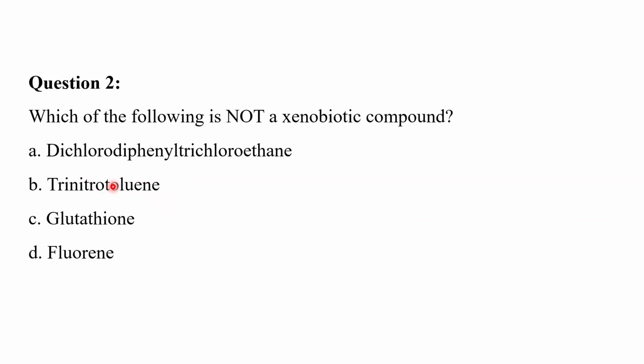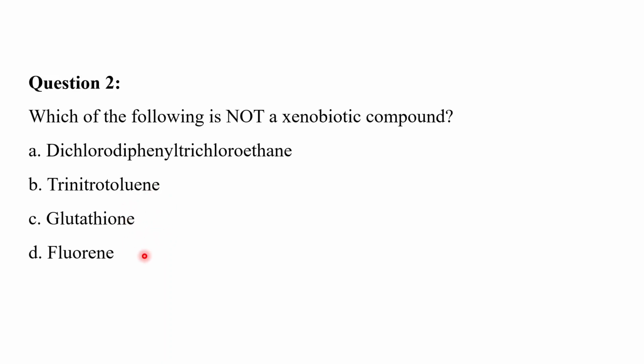The second option also, trinitrotoluene, TNT, is also not a natural compound. It is a synthesized molecule. It's a toluene molecule with 3 nitro groups attached, and this compound is mainly used in explosives.